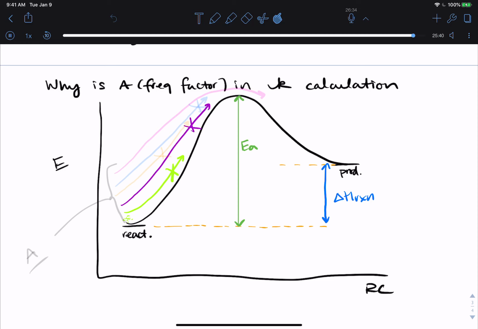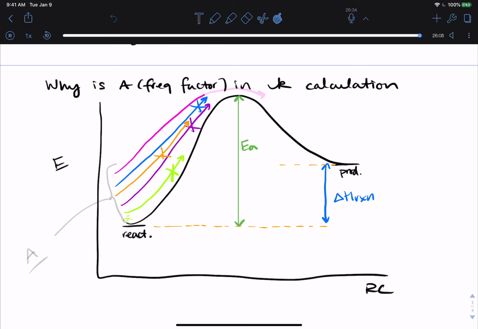Then you go again, and maybe that time they didn't have enough energy, even if they had proper orientation. We'll go one more time, and they have enough energy, but not proper orientation. And then finally, because I'm going to run out of colors and we should finish at some point, they go.